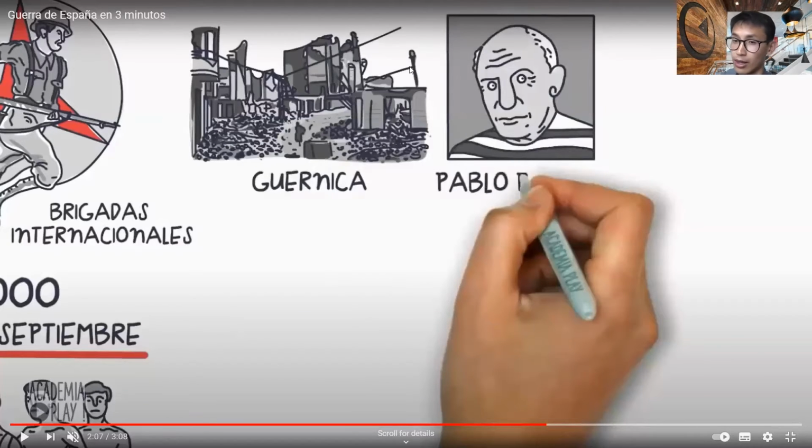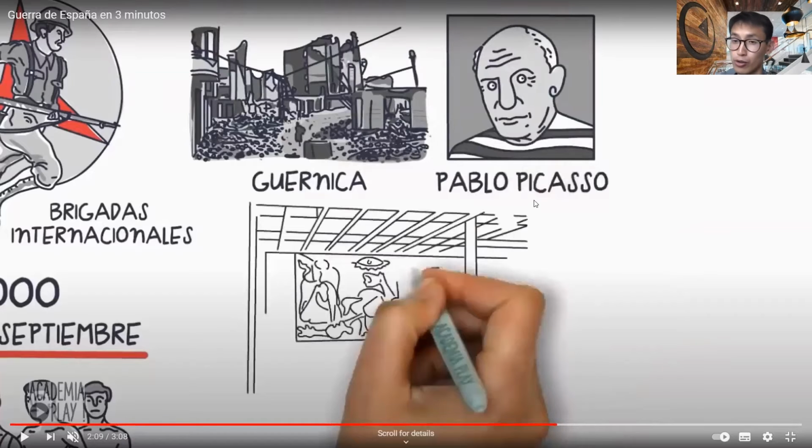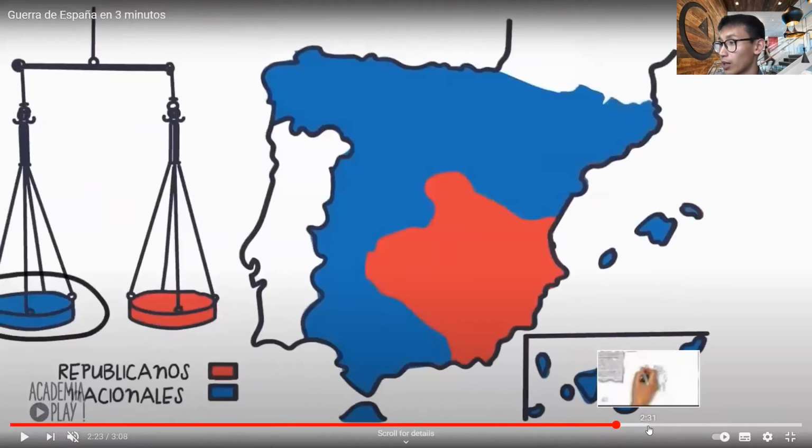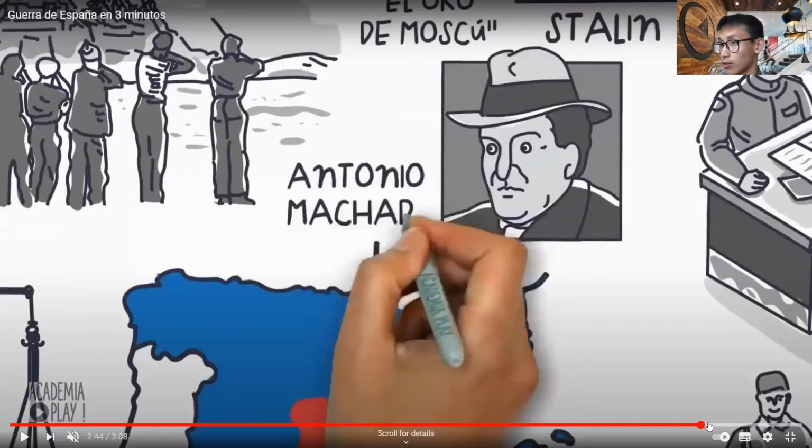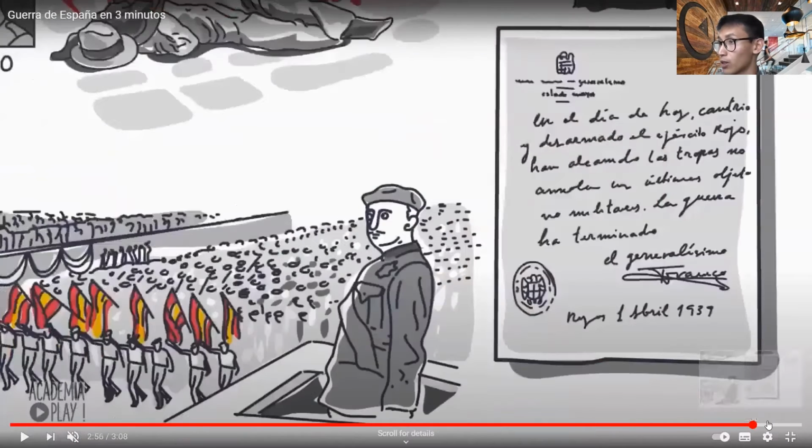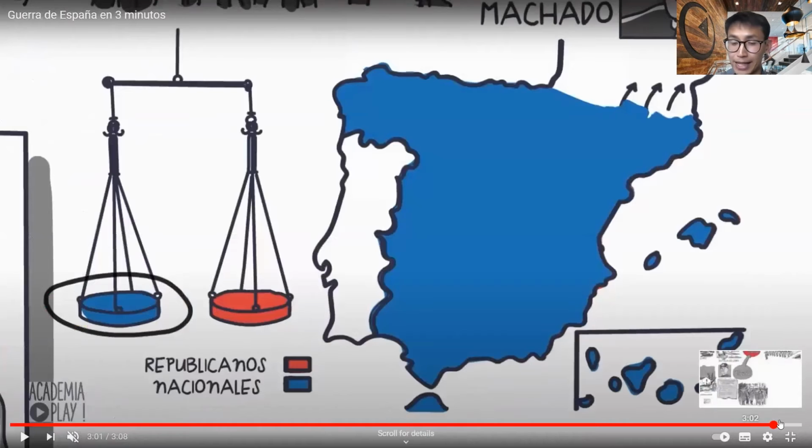Later on in this class, we'll also show you the painting that Picasso painted to show the horrors of the war as well. So that was quite interesting. And then finally, they took everything, and Franco became a dictator for the next thirty-something years of Spain.